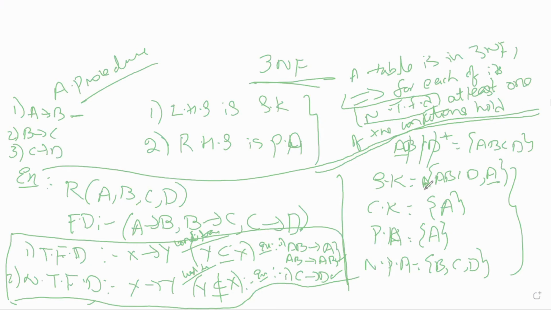Among all the super keys, we take one as the candidate key. Among these two, the minimal attribute is A, which determines all the attributes, so we have selected A as the candidate key and ignored ABCD as a candidate key.